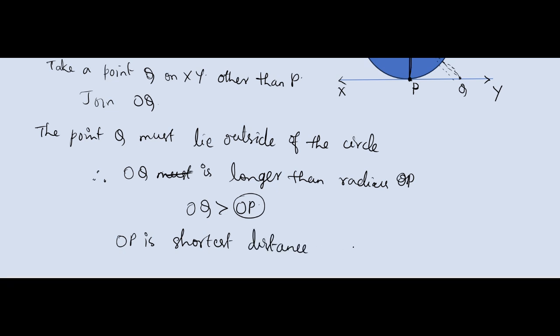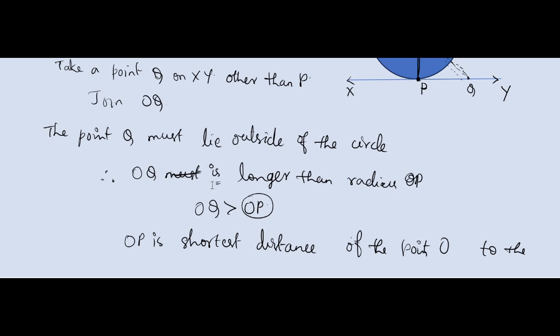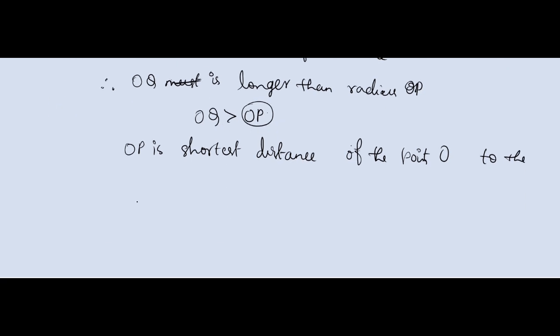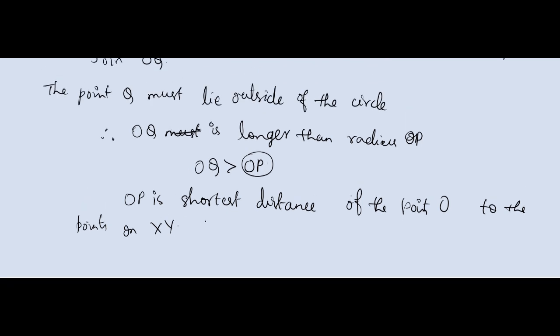OP is the shortest distance from the point O to the points on this tangent XY. What is the reason?